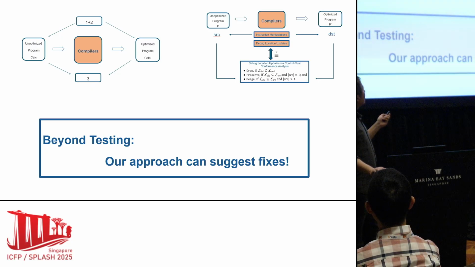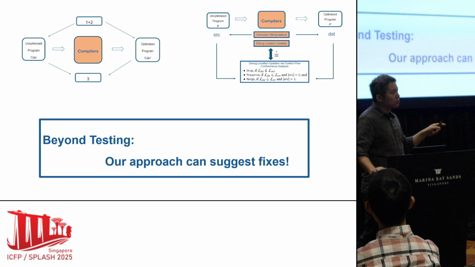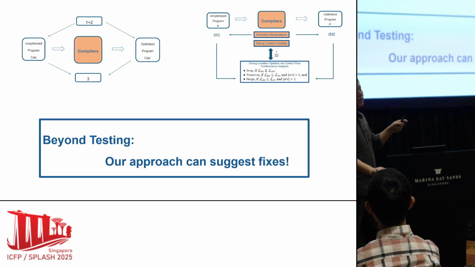We also have a trace, right? We have a trace of compiler actions that leads to these incorrect updates. Now we can take a look at the trace and manually analyze those API calls and find the problem-inducing API calls and try to correct the error. That's the basic idea. So in other words, we can go beyond testing. Okay.